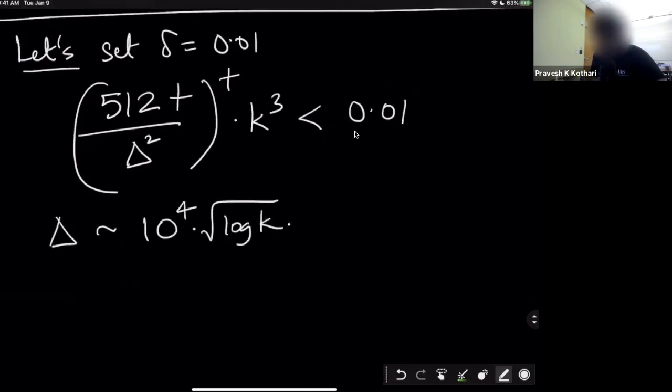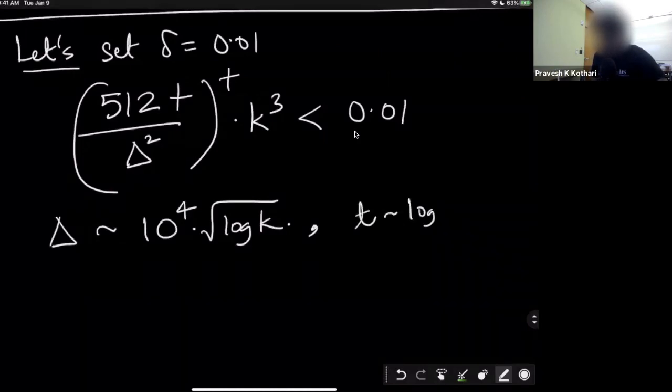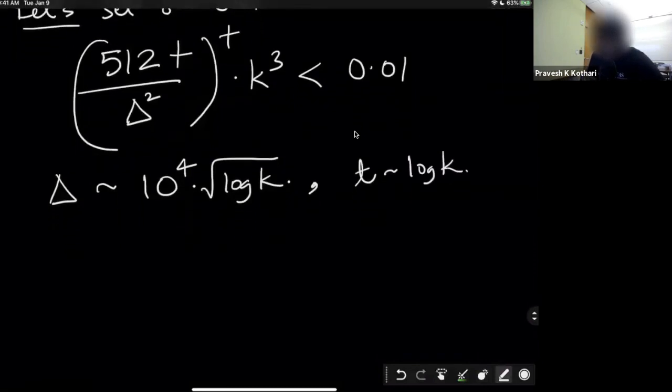For this, I want to claim that t equals log k would work. Sorry, I said square root log k, no, I take it back. I want to say t equals log k. Final one. Let's see why I think that's true.